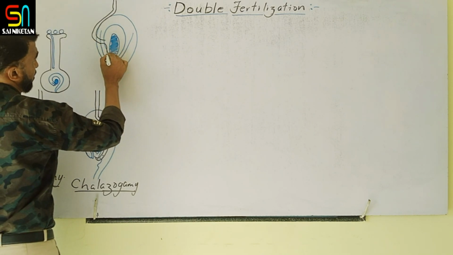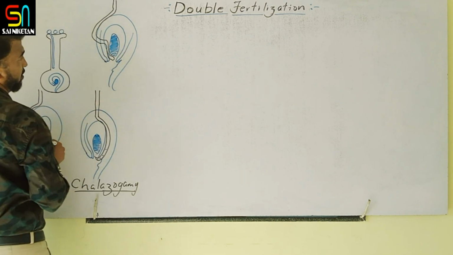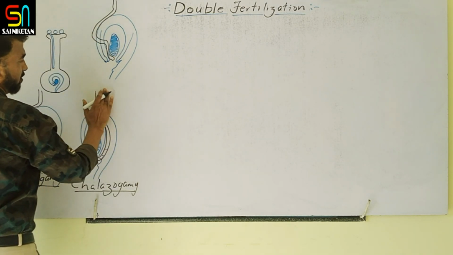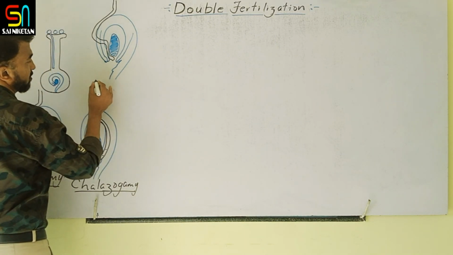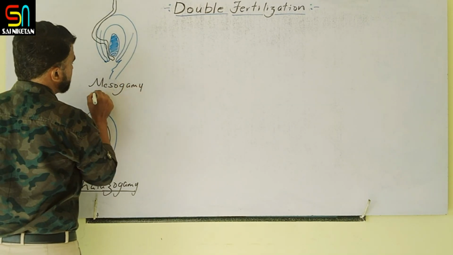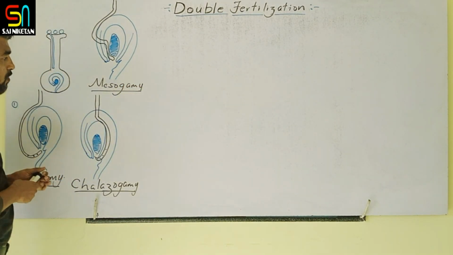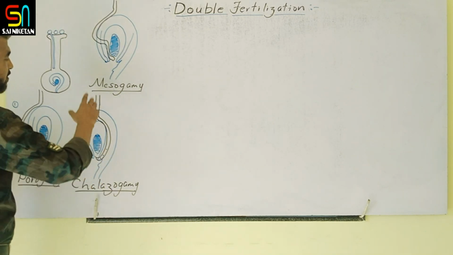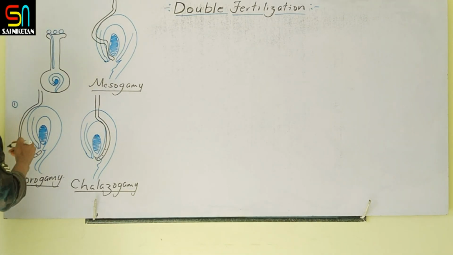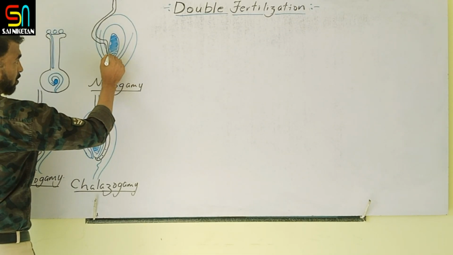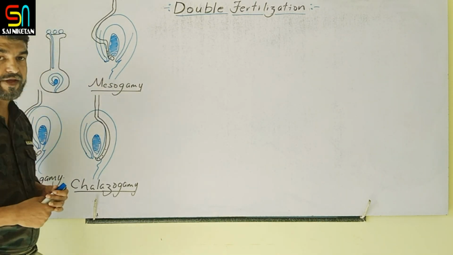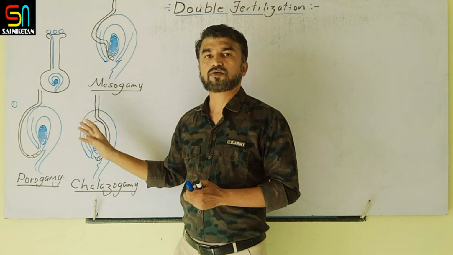Clear? And again it reaches towards the micropylar end only. But the entry of the pollen tube is always through the integument. This type of entry is called mesogamy. So ultimately, whatever the point of entry, whether from the micropylar end, the integument or the chalazal end, the pollen tube will reach the micropylar end only. Clear? So this is the entry of the pollen tube into the ovule.